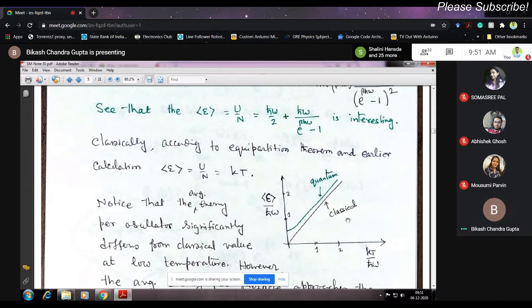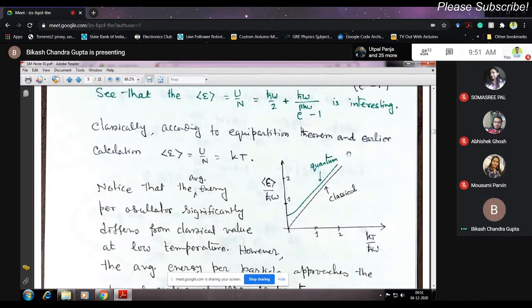Therefore at the large temperature limit, you will not be able to distinguish these two curves, because suppose one is 10,000 and another is 10,000 plus half. You understand that these two cannot be distinguished, right? So at large temperature, the quantum results do merge with the classical result. That means classical theory would be applicable at the high temperature limit.